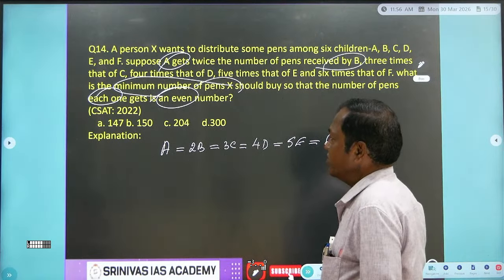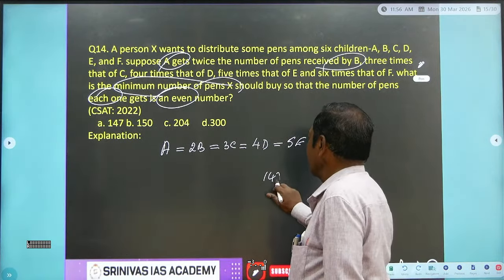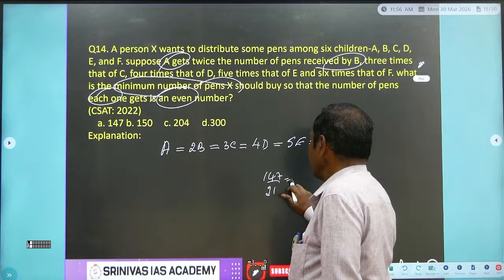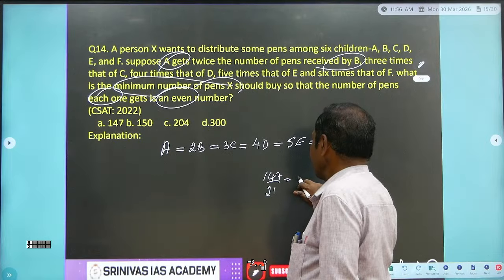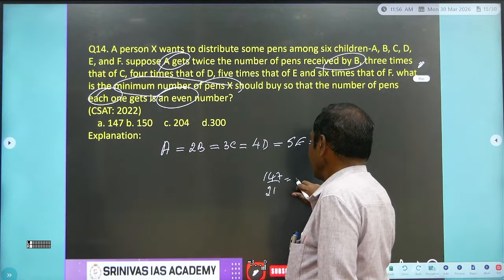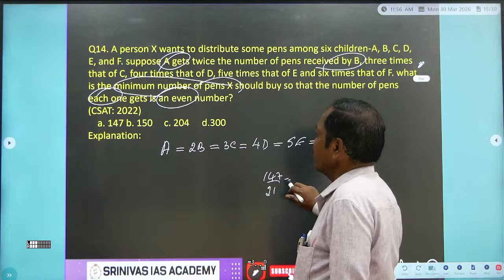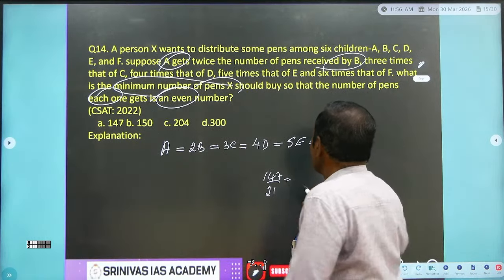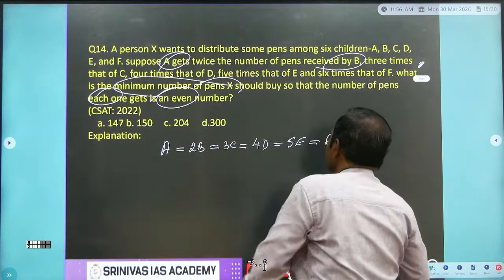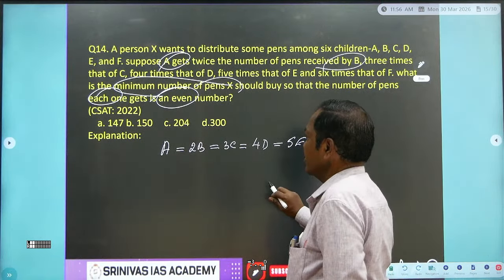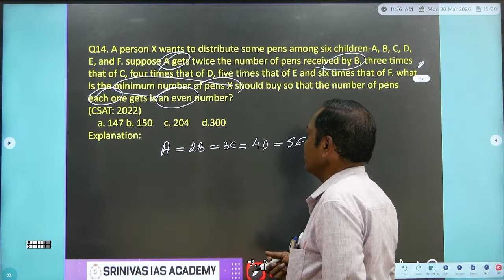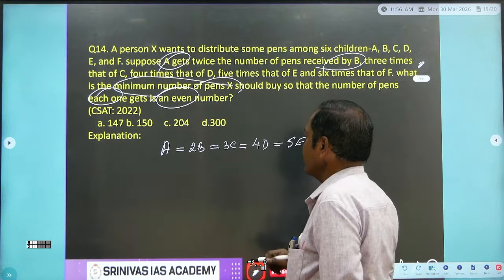See, 147 you can take. If we get some idea of 6, it means 6 we can take. 75, 204, 150, 75.